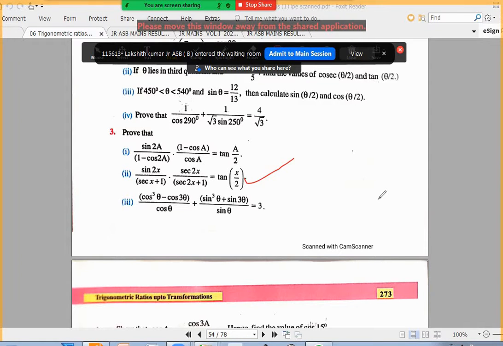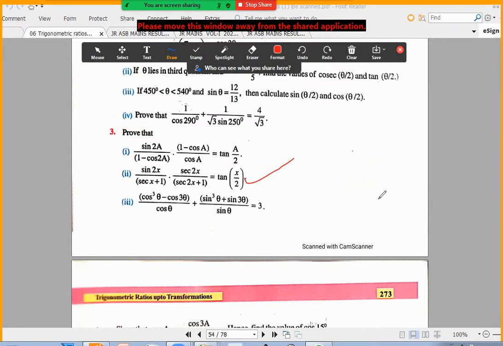Okay. Sin 2x by secant x plus 1, and secant 2x by secant 2x plus 1. I have to prove it equals tan x by 2.